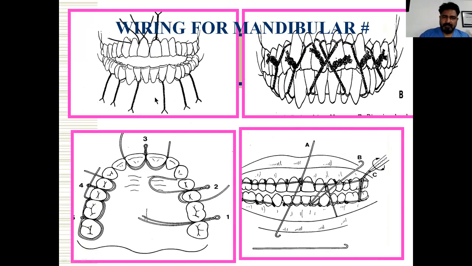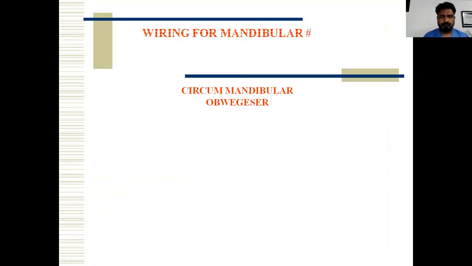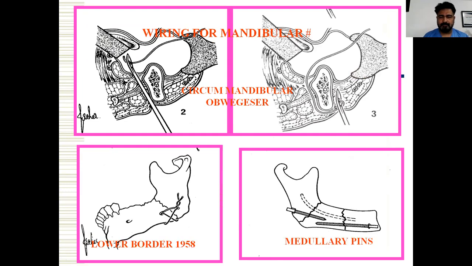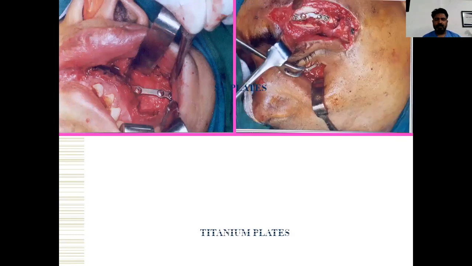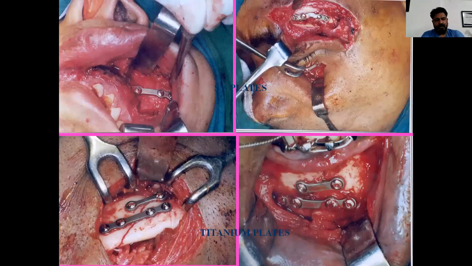Various types of wirings, splints, medullary pins, Gunning splints. And then comes stainless steel plating. Now, whatever be the fracture, if we are going for open reduction, okay, plating is done.